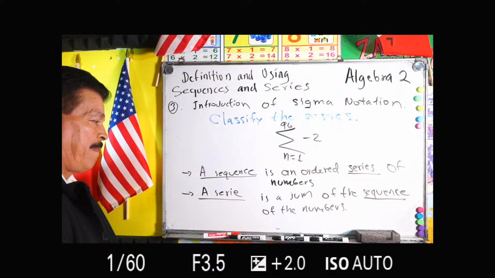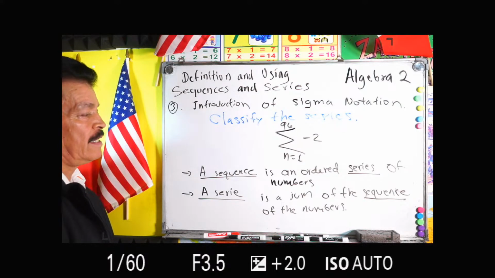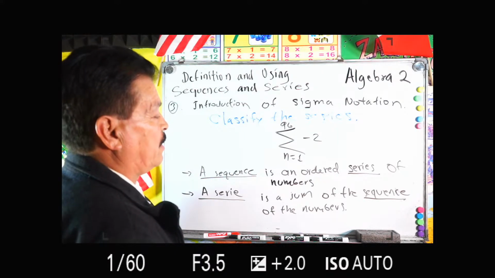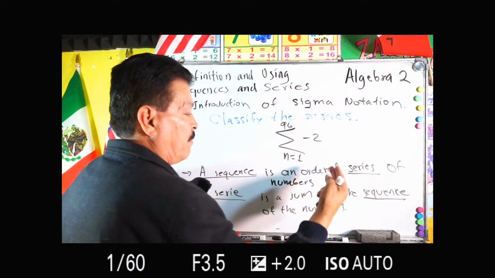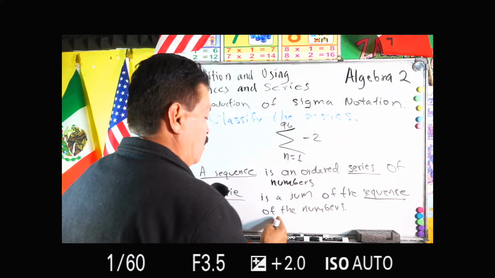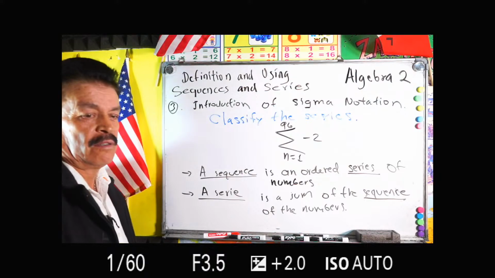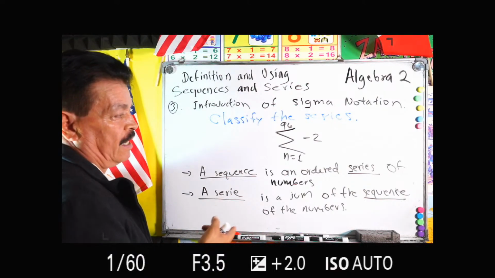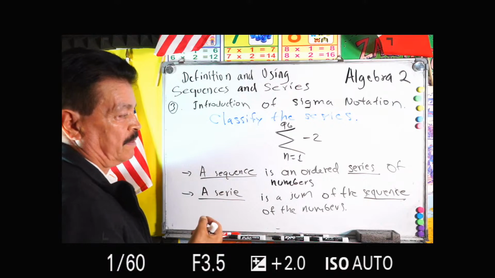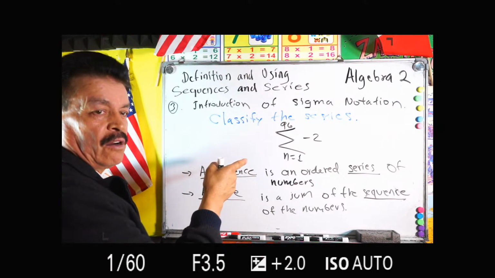See, a sequence is an ordered series of the numbers. A series is a sum of the sequence of the numbers. All right. So this is the first idea or the main concept about this.